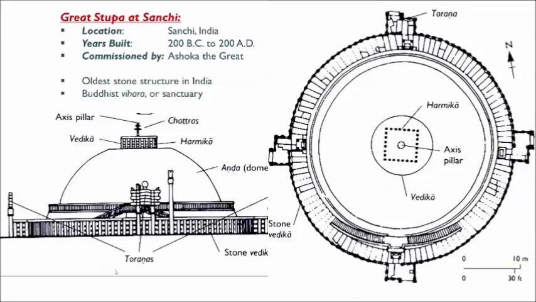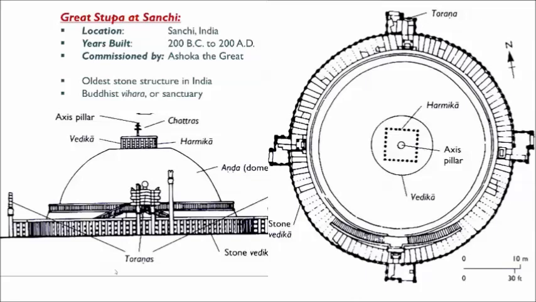So it has both bilateral symmetry and radial symmetry in the plan and the section of the building. So if you had a section cut of this or a cut going through the building, you could see that the sides would match up.